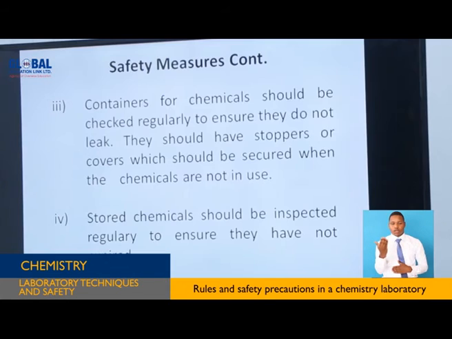Another safety measure is that containers for chemicals should be checked regularly to ensure they do not leak. They should have stoppers or covers which should be secured when the chemicals are not in use.